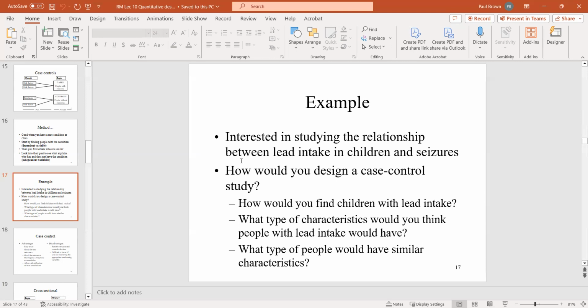So in this case, what's the dependent variable and what's the independent variable? Or would it be the other way? Does lead cause seizures or do seizures cause lead? So lead is the independent and seizures is the dependent, right?